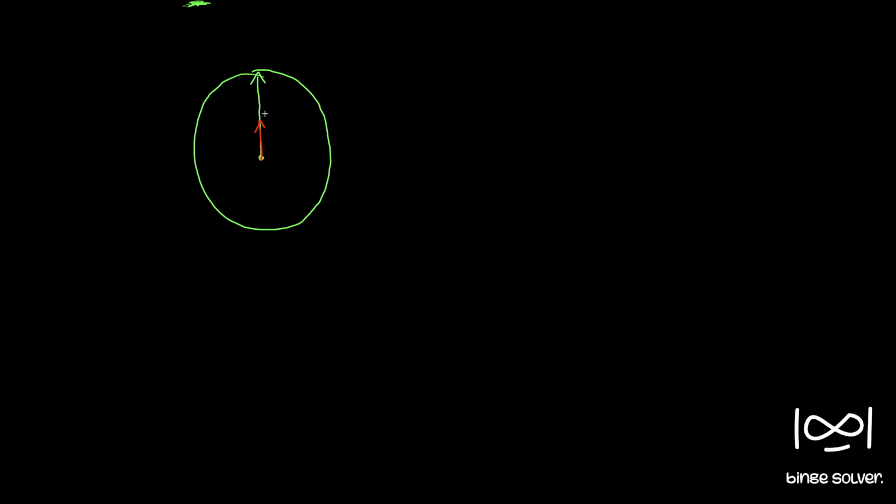Both will be traveling in the clockwise direction, the minute hand at a much faster speed. So this is exactly like two people traveling in the same direction, and we can use the relative speed concept. I'll just explain how.